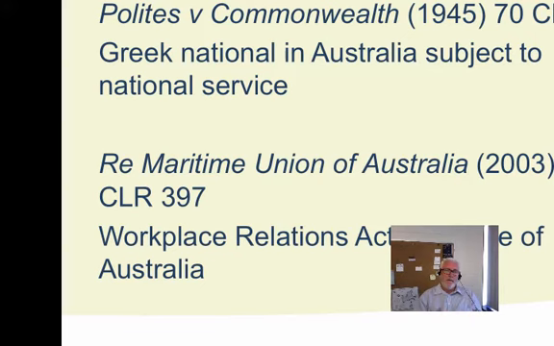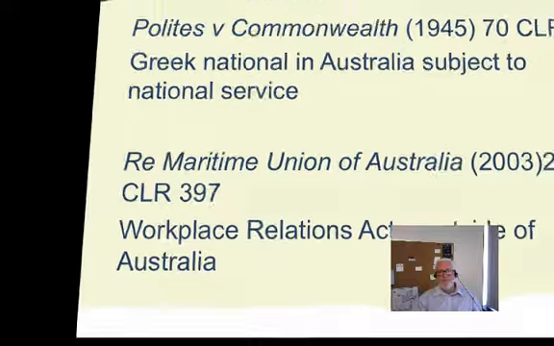In the Polides case, he was a Greek national in Australia, but was still subject to Australian law, which included the obligation to undertake national service. And in the Maritime Union case, the Workplace Relations Act was found to have application outside of Australia, particularly in relation to sailors on ships.